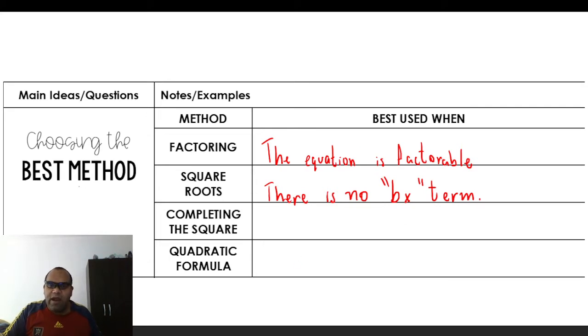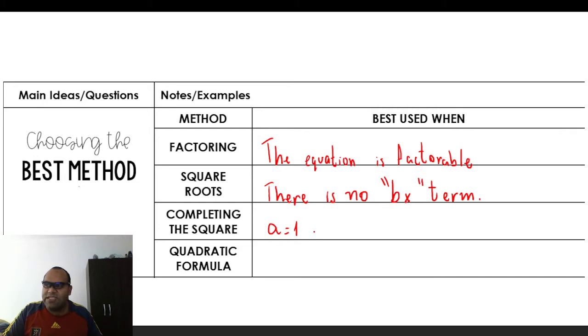Completing the square: we use this method when a equals 1, okay, it doesn't have any other coefficient.